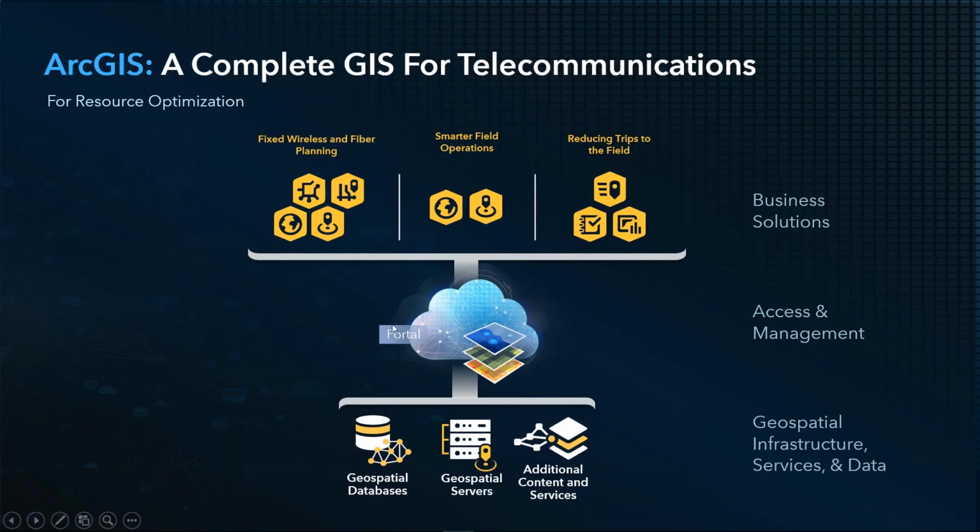Then leveraging that mapping portal are a variety of applications that provide specific GIS functionality and can be strung together to solve some of the workflows we saw here today.